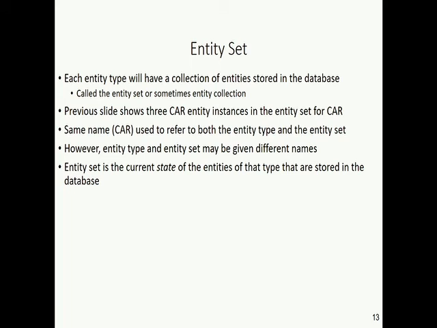Okay, so the entity set: for each entity type, we have a collection of entities stored in the database. The previous slide showed the three car entity instances, and the same word, car, is used to reference both the entity type and the entity set. I get hung up in all these words. The thing I want you to remember is we are modeling entities because we have an entity relationship diagram.